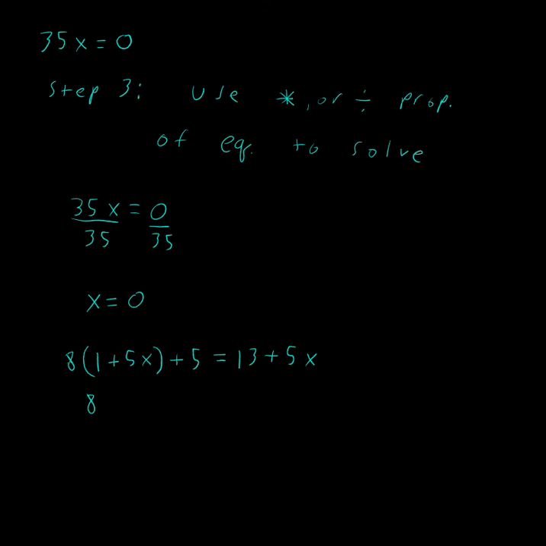We get 8 if we multiply this 8 through, distribute it through, plus 5x, doesn't matter, this will be 0, so that would just go away no matter what. And then we would have this 5 out here equals 13, and that would go away. 8 plus 5 is 13, so we're good. The solution to this equation is x equals 0.